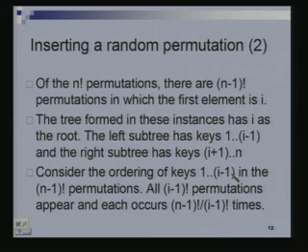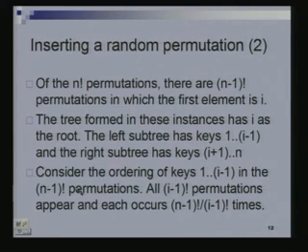So, if I look at all of these n minus 1 factorial permutations, they will induce permutations of these elements, keys 1 through I minus 1, and every permutation of 1 through I minus 1 would be there. In particular, each permutation of 1 through I minus 1 would occur how many times?